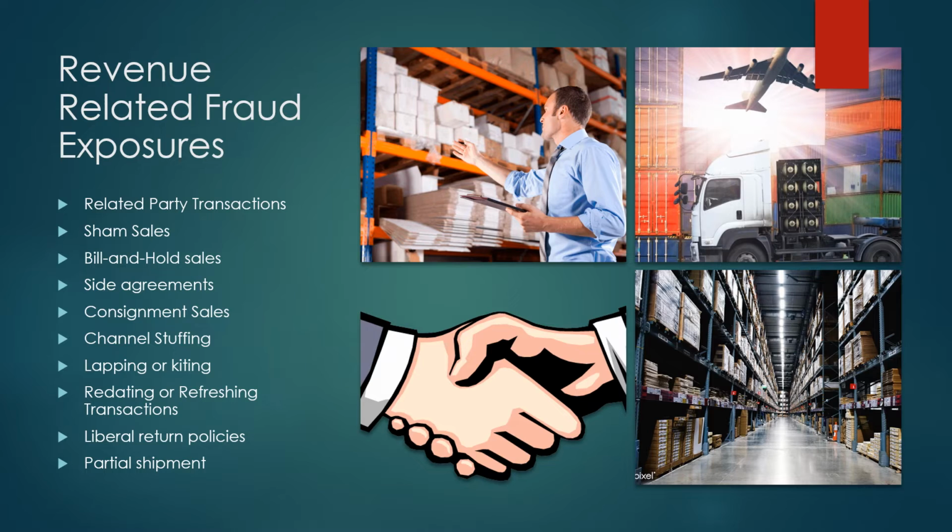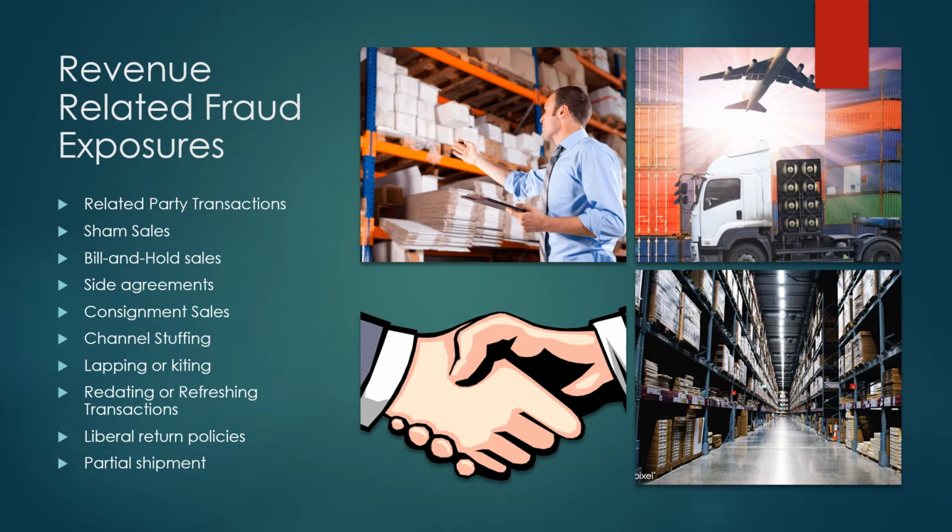Consignment sales: one company sells goods that are owned by another company, improperly recording the consignment. Channel stuffing: suppliers encourage customers to buy extra inventory, which inflates sales. Lapping or kiting: misplaced cash receipts. Redating: refreshing transactions, changing dates to more current ones.